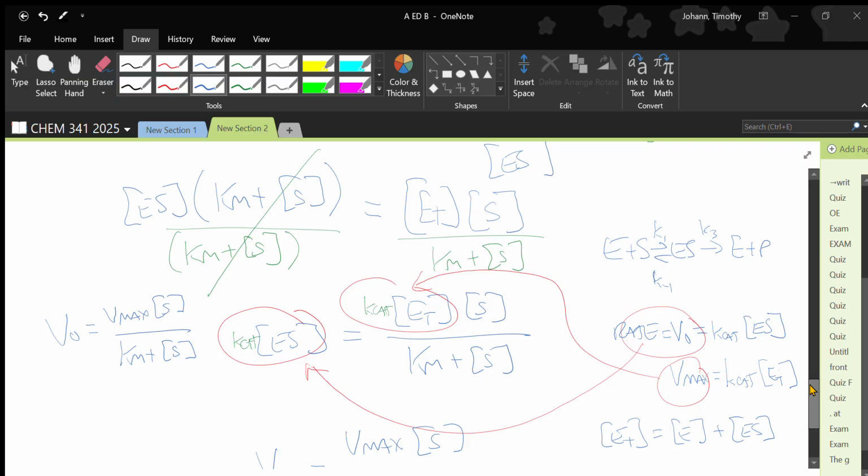Like I said, I sometimes go through and I just don't say anything about K3, and maybe that's the right choice. I'll reconsider it for next year. But your book will have derived this and used K3 all throughout, and at this point it introduces Kcat.